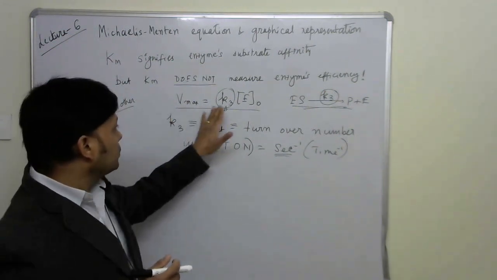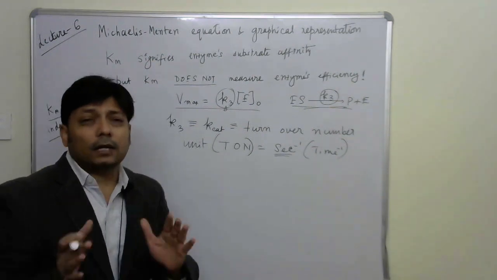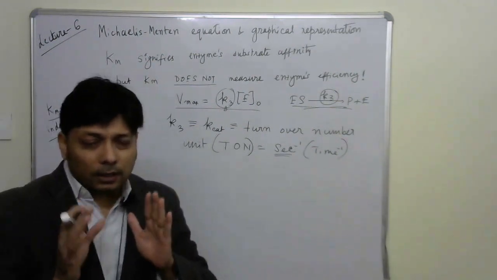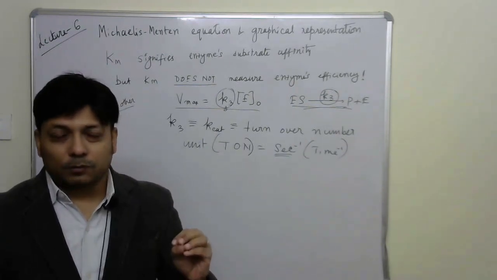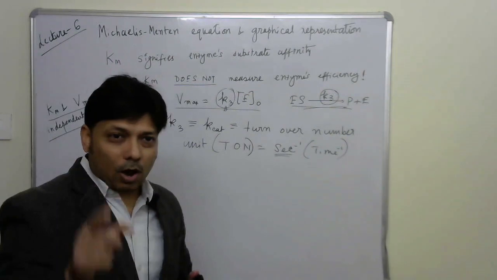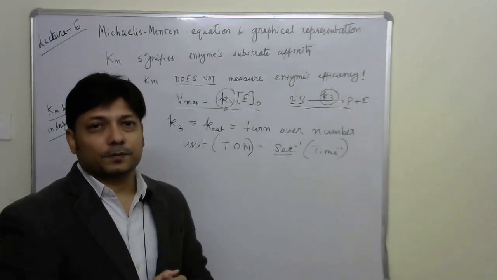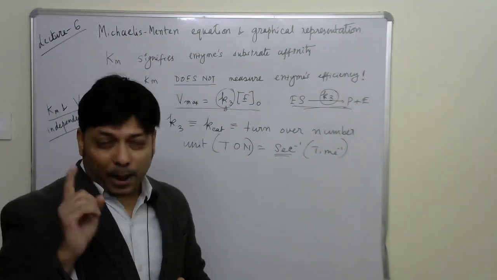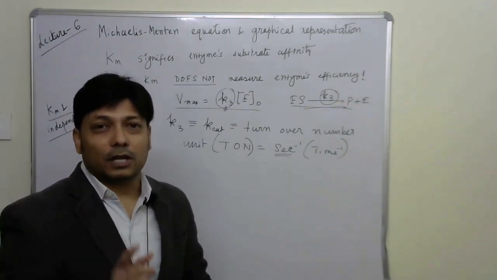And the maximum velocity is actually K3 if E naught is constant. So ideally what do we want? We would want our best enzyme to reach the maximum velocity with a very little substrate concentration, and that maximum velocity should be very high.